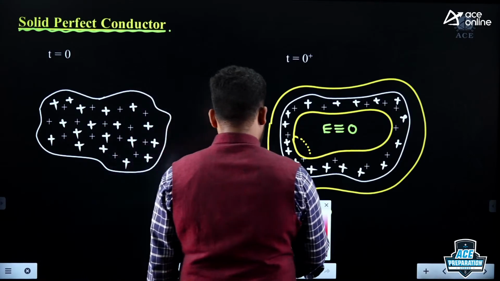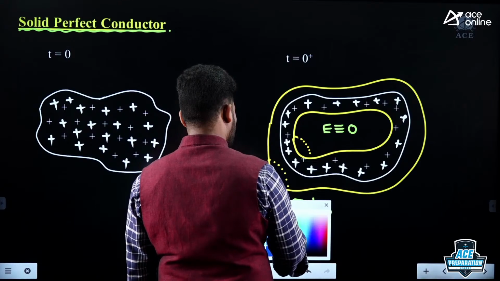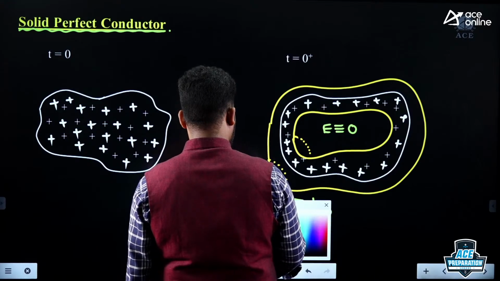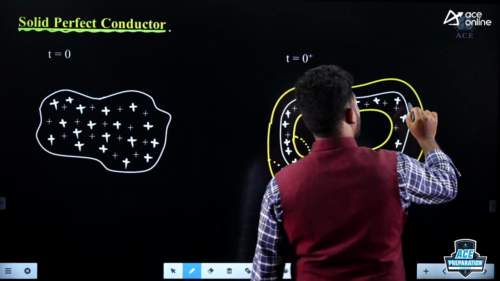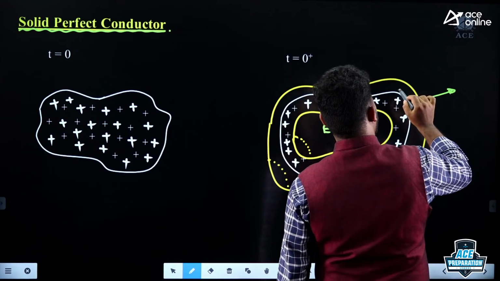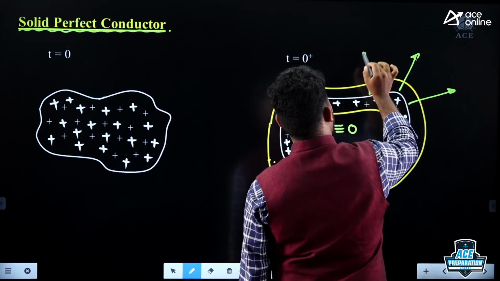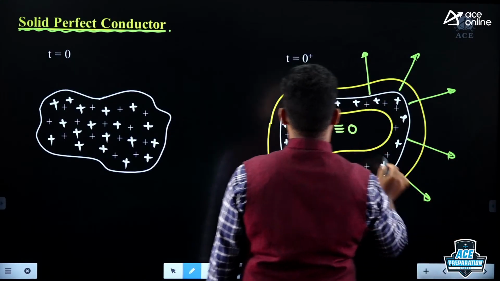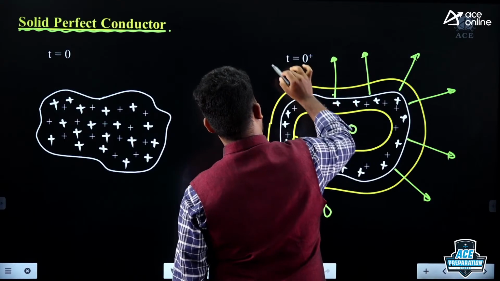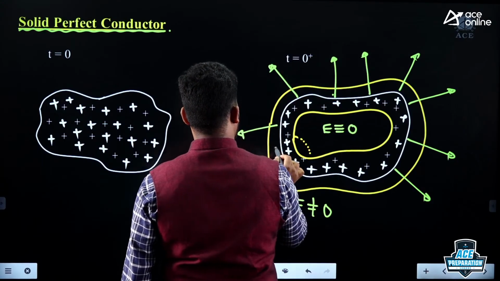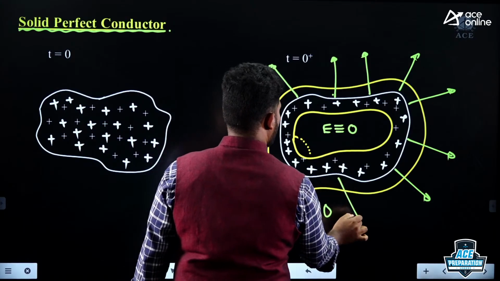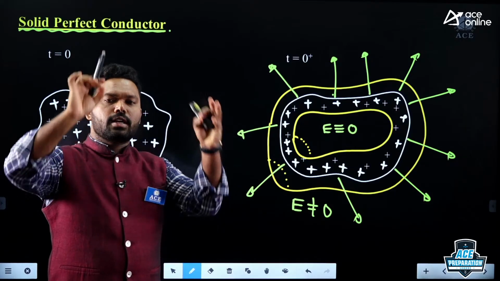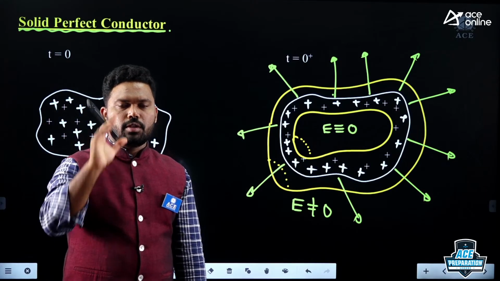Normally, the electric field exists like this. Inside the perfect conductor, the net electric field is 0. It is a very popular statement.